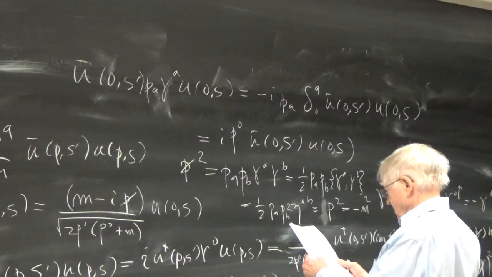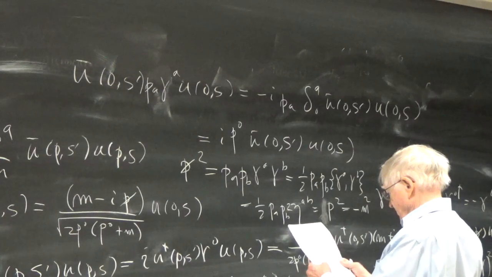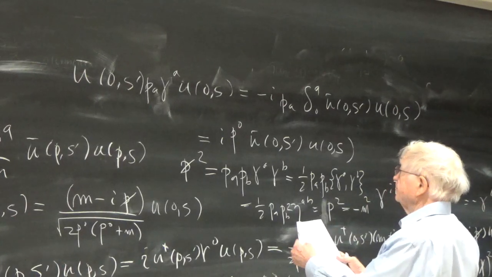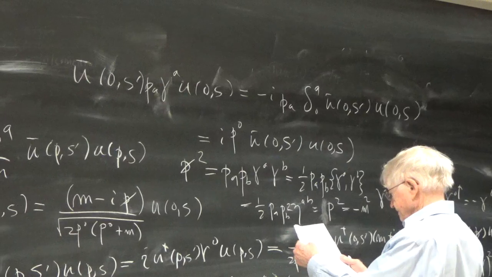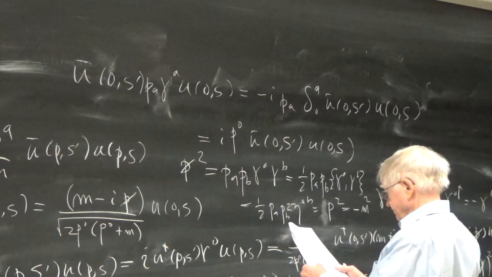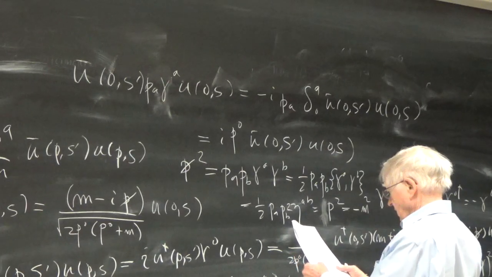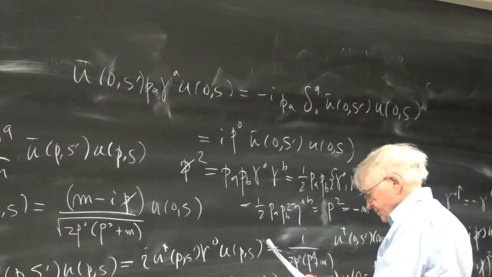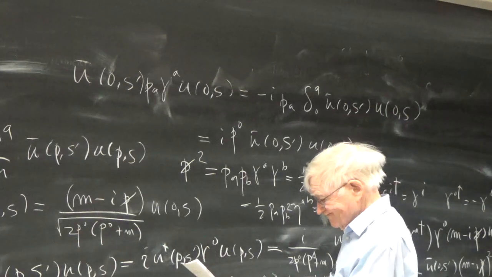There's so much stuff on my notes here that I'm having trouble finding it actually. Here we are. So without the PA in there, you would have a minus I PA over M, right?